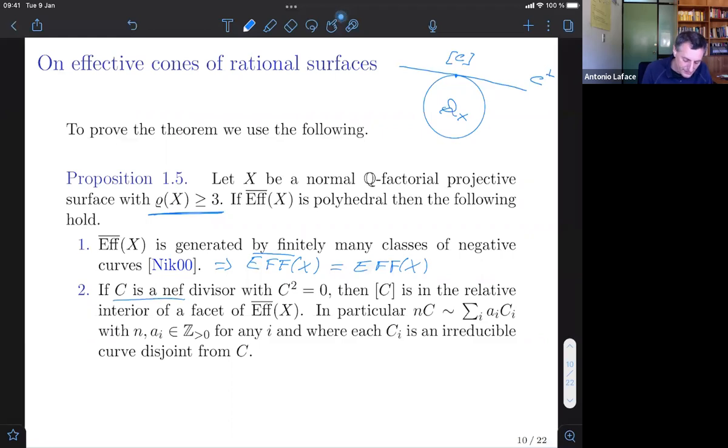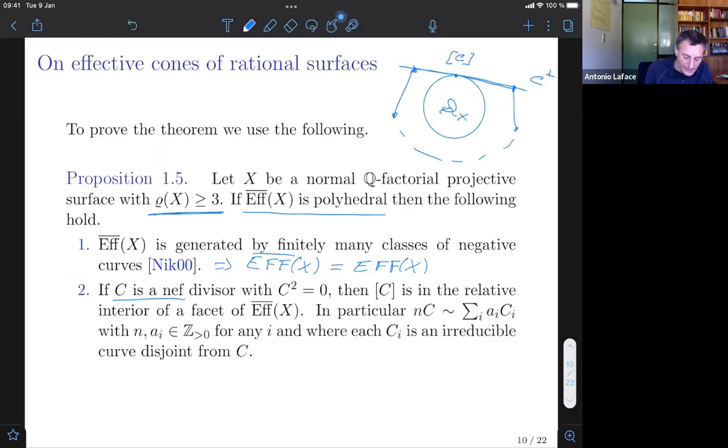So this means that, being by assumption the pseudo-effective cone polyhedral, it has to be something like this. And in particular, here we have a facet. C orthogonal is cutting out a facet of the pseudo-effective cone.